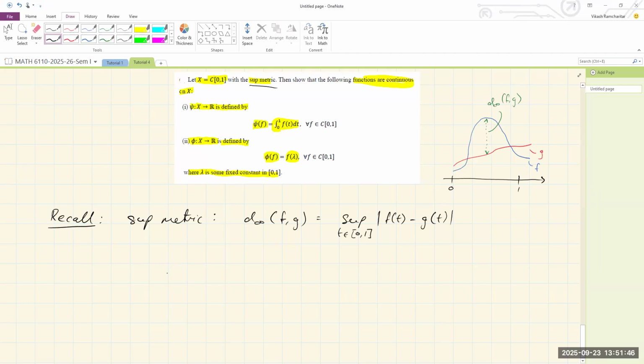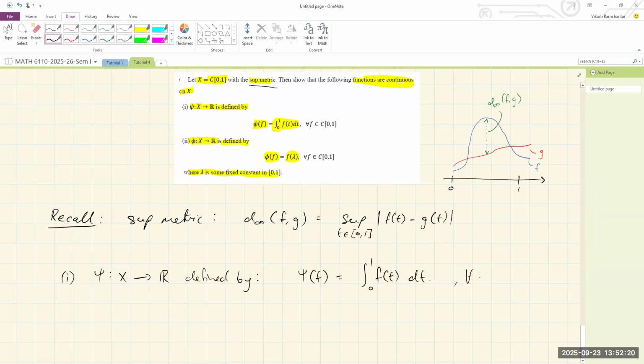Okay, so for this one, we're going to tackle it using the epsilon delta definition of continuity. So let's first tackle psi. Psi takes in a continuous function and gives us a real number. And how does it do it? It's going to take a continuous function and integrate that continuous function between 0 and 1.